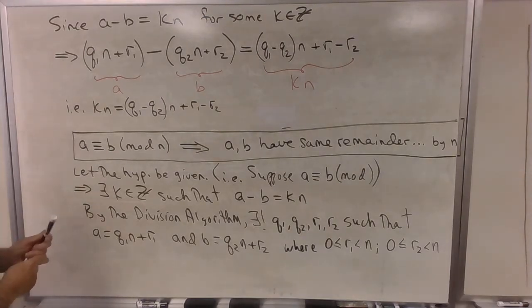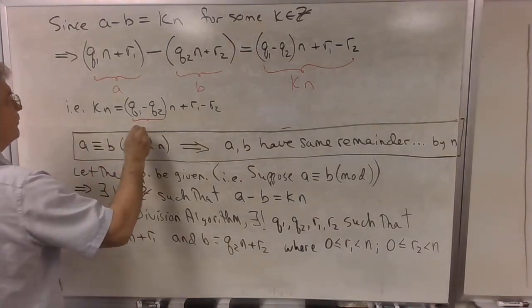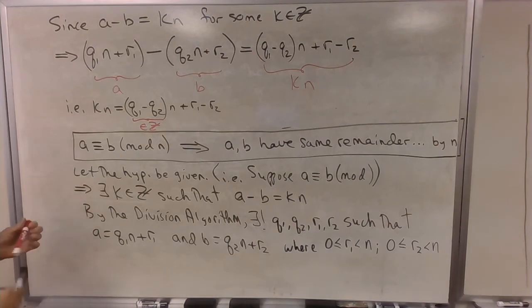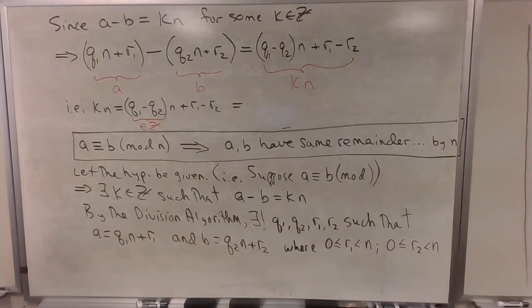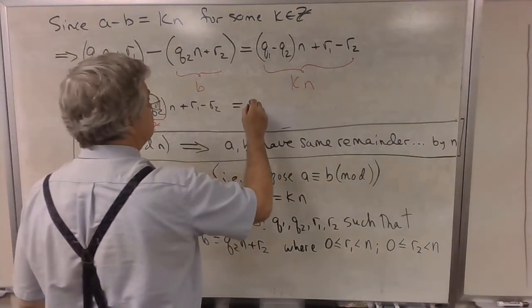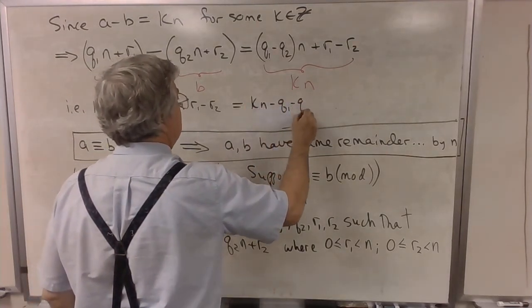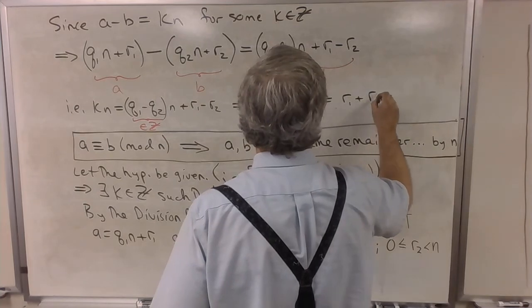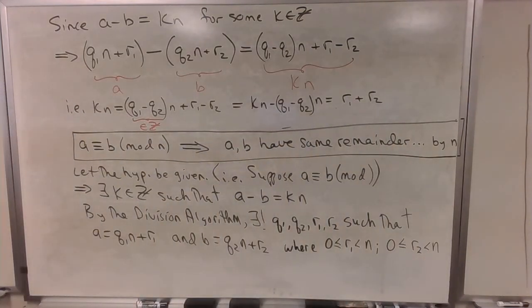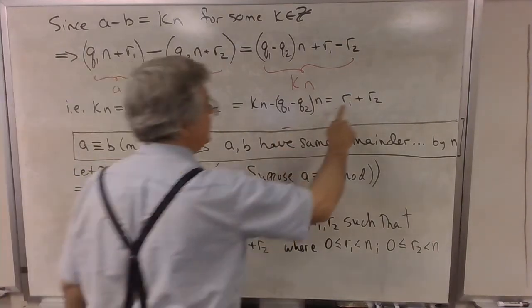And since q1 and q2 are also integers, I think what I'll do is subtract (q1 minus q2)n from both sides, which gives r1 minus r2.